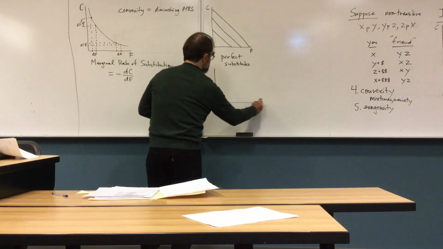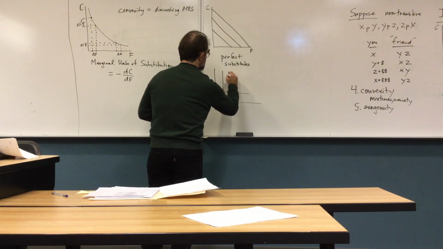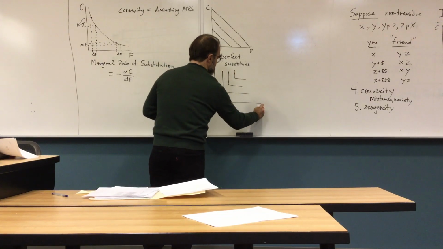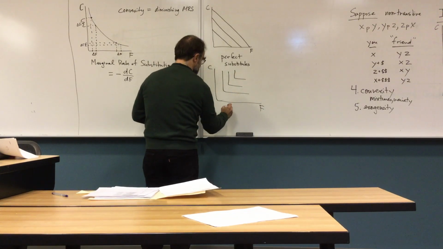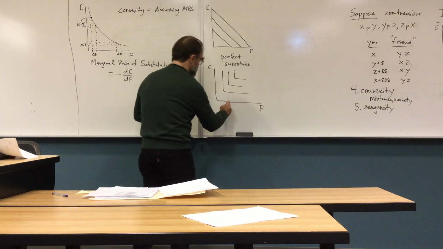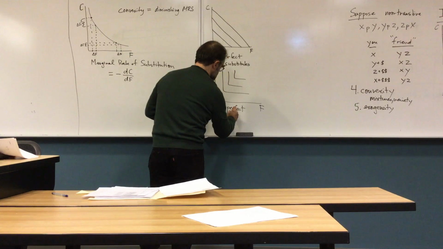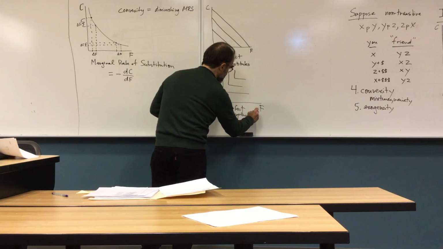And the other extreme would be indifference curves that have this kind of shape. This is actually easier to imagine, although not for food and clothing. These would be perfect complements, things that always go together.